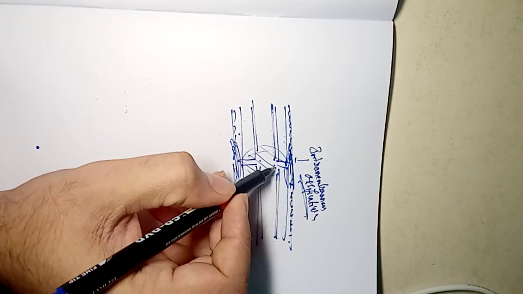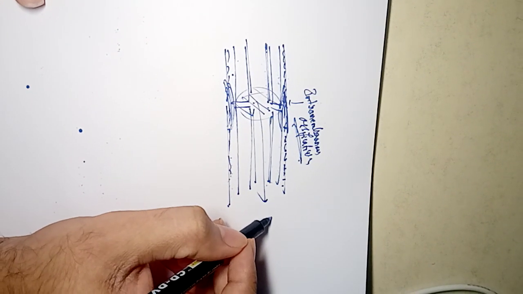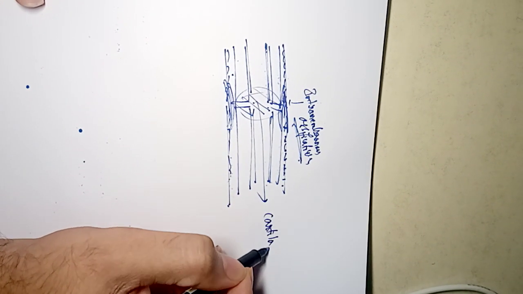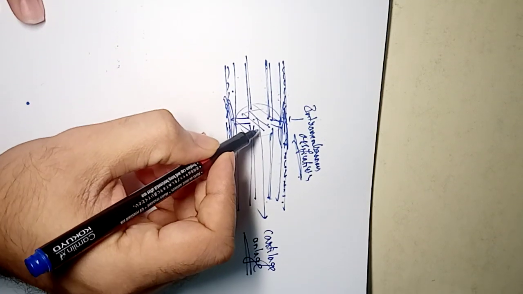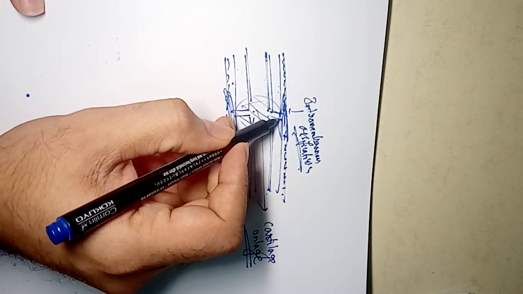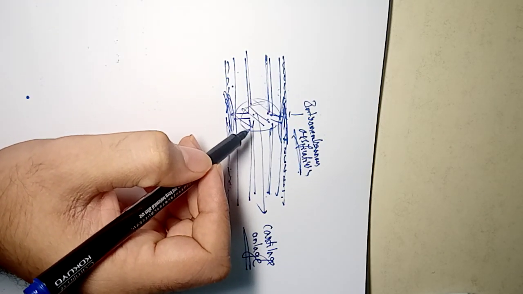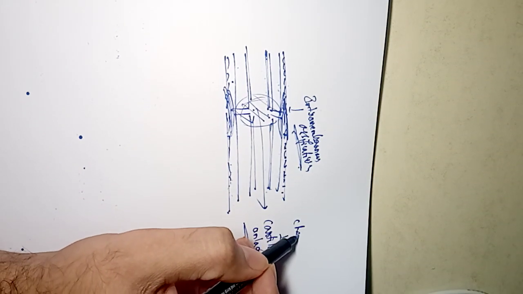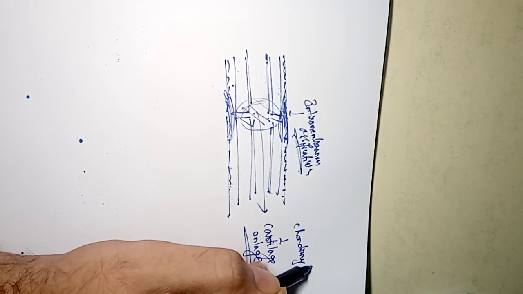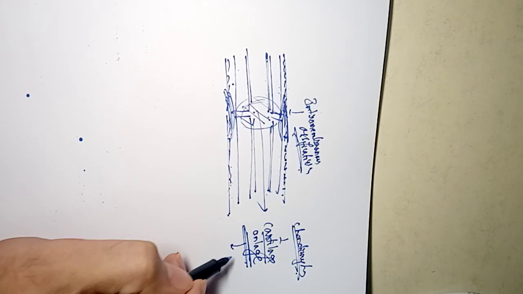Here there is formation of a cartilage anlage, and the pluripotent and multipotent mesenchymal stem cells get converted into chondrocytes and form the cartilage anlage.